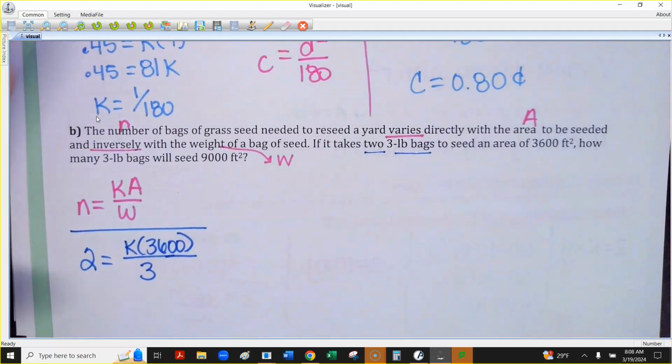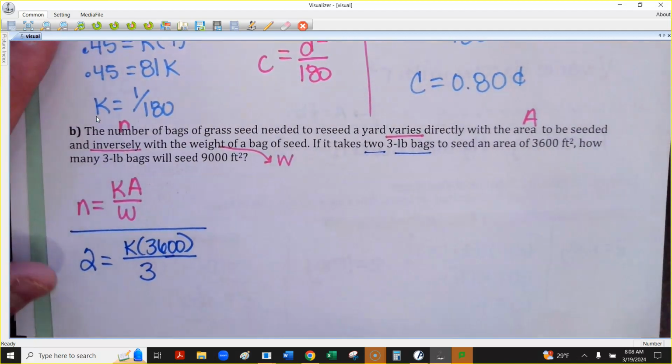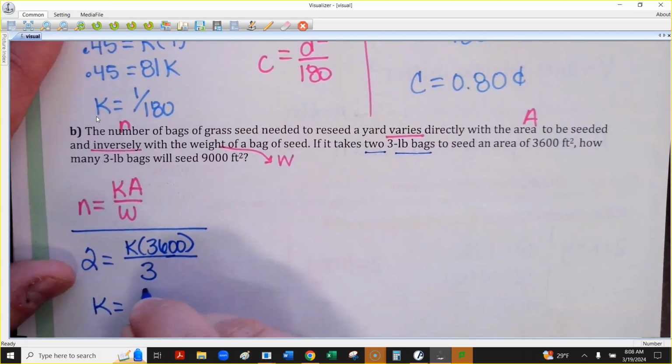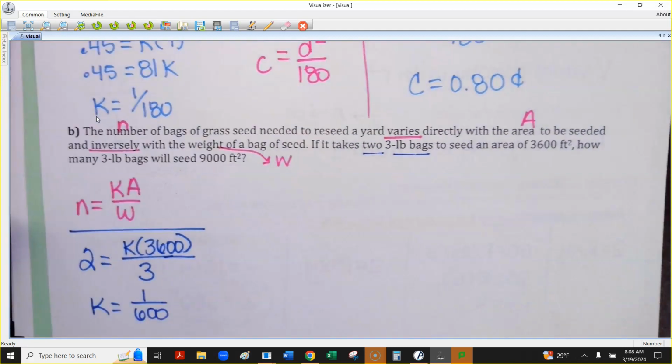Now, however you want to do it, if you want to divide 3,600 by 3 and then multiply that on both sides, or if you want to take 2 times 3 and then divide it by 3,600, whatever's easier for you. It's not a nice number here. It's a garbage decimal again. This should end up being 1 over 600.